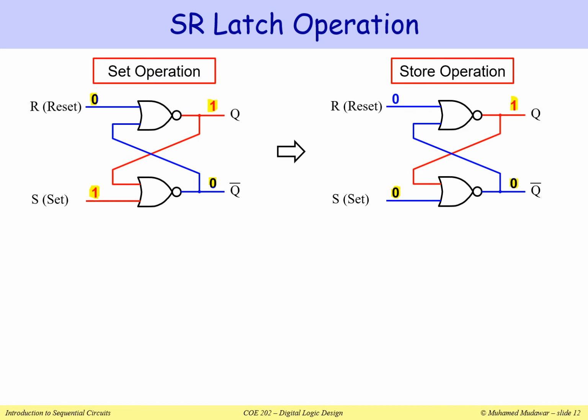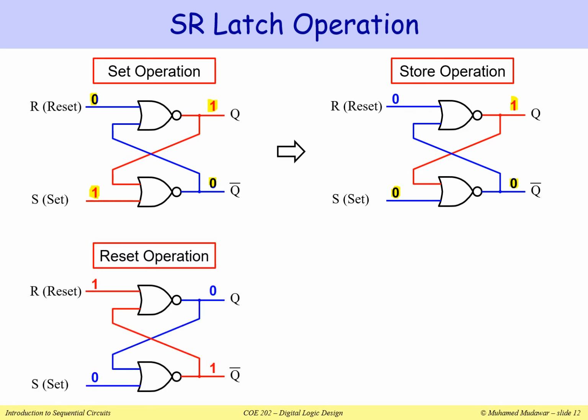In other words, we are storing the values of Q and Q bar. So as long as S and R are both 0 and 0, the values of Q and Q bar will remain unchanged. This is my store operation.